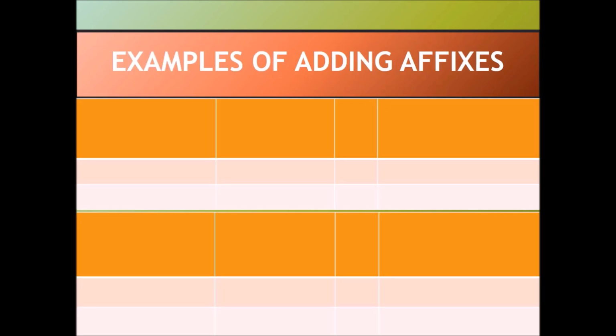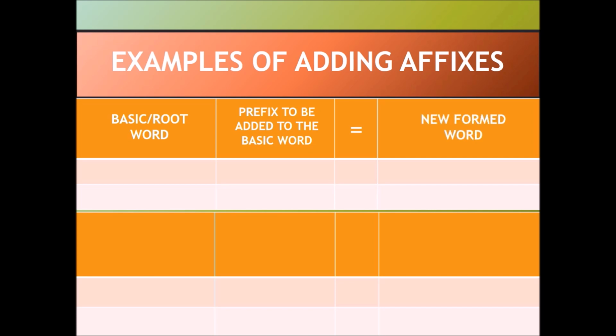Examples of adding affixes. Let's have 3 columns. First is the basic root word. Then we have the prefix to be added to the basic word. And then it becomes the new form of the word. Let's start with this first group, the prefixes.